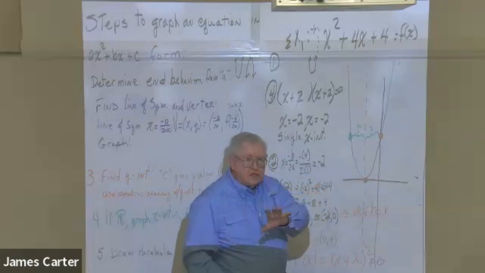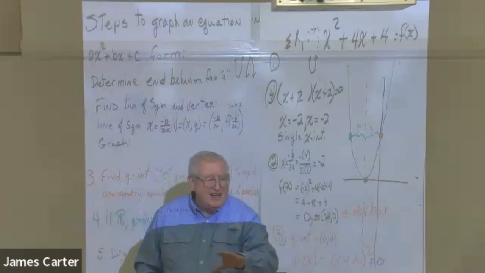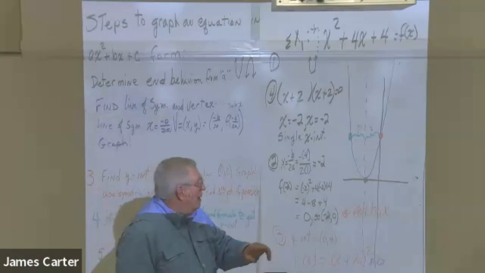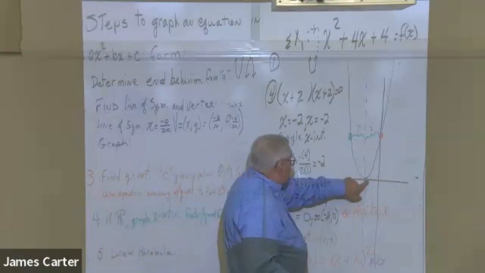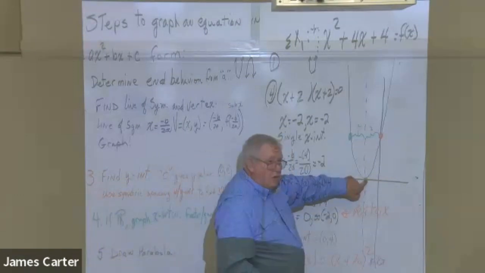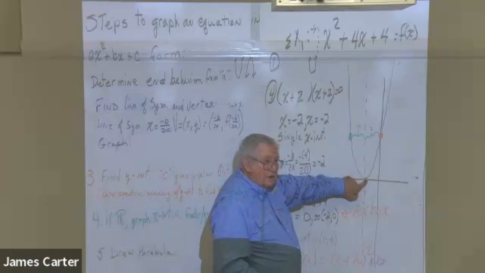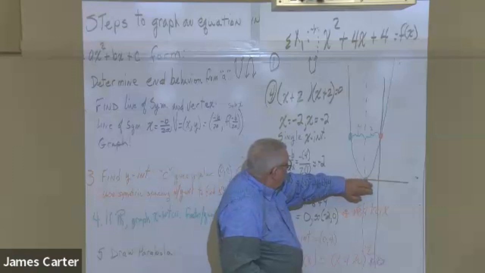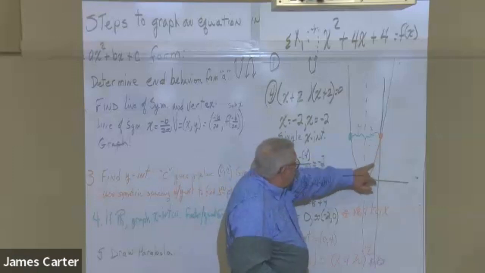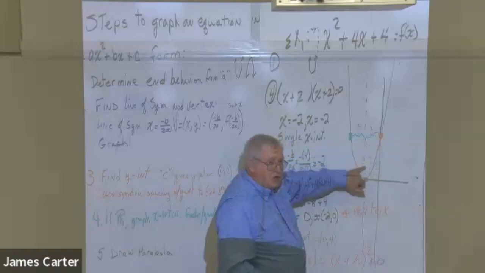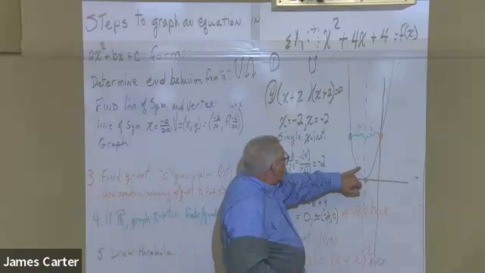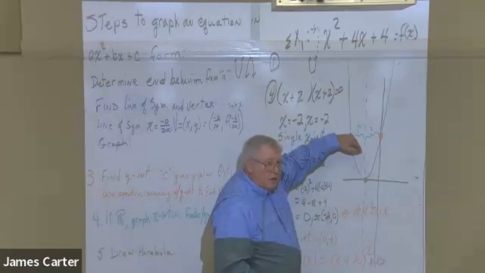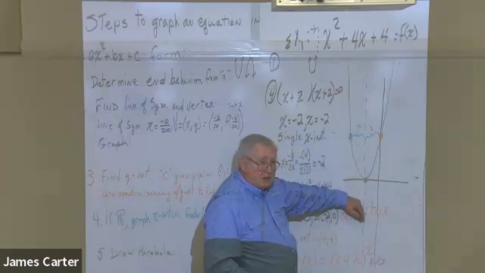Now, I'm going to tell you something that I'll be telling you again a little later, okay? The fact that there's only one of these, and this goes up and that goes up, it's a turning point. In some previous equations, we had it crossing, right?